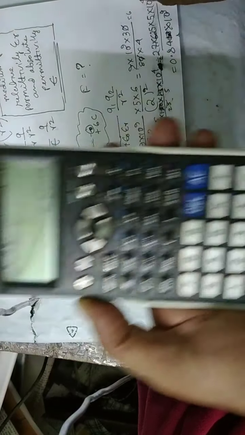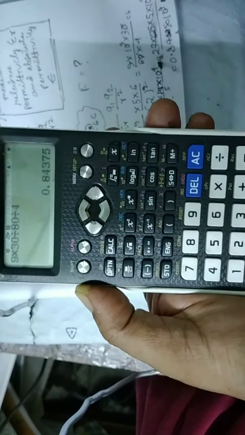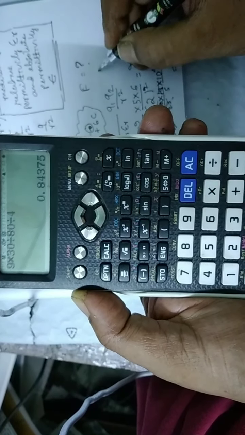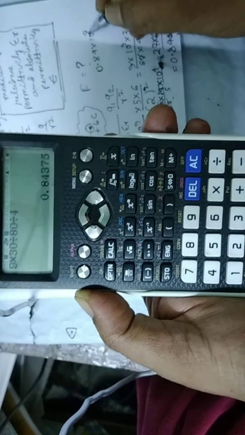Now what is the value of 10 to the power 9? It is unchanged because there is also 10 to the power 9 Newton, right? So the force is 0.84 into 10 to the power 9 Newton, right?